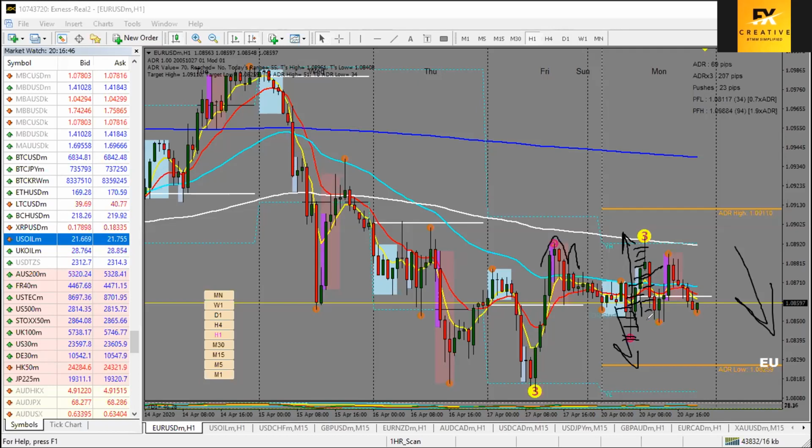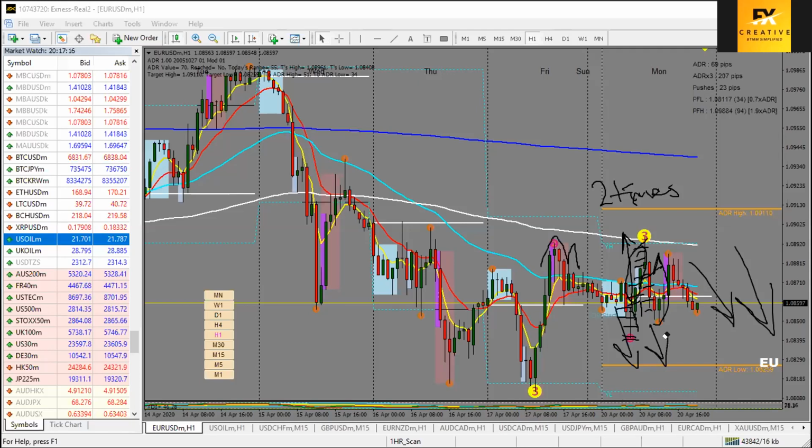It induced sellers, while taking out everyone who took buy positions right here. After that, it induced buyers again. So it means buyers were induced 2 times. And after buyers being induced 2 times, the dealer actually took off and sold.